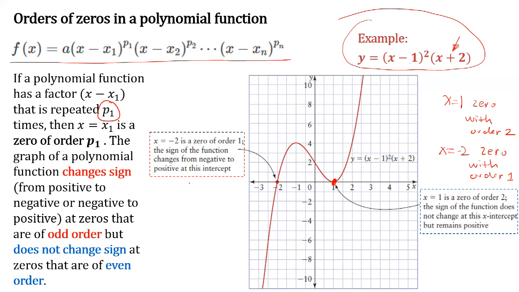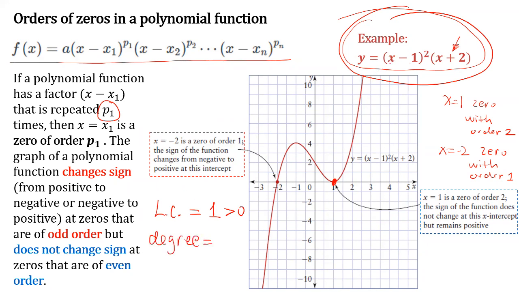Whether it changes from negative to positive or from positive to negative, we need to consider this in conjunction with the overall trend of this function. For the same function, if we expand it, we have a leading coefficient equal to 1, which is positive. And the degree of this function, which is the largest order of x, would be 3, because you have x² here and x here.